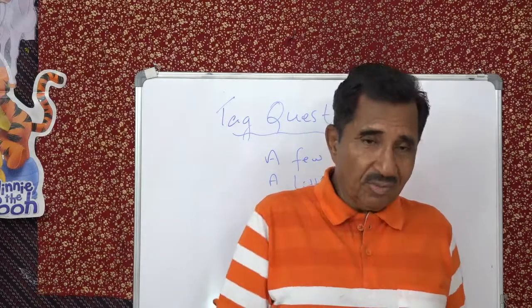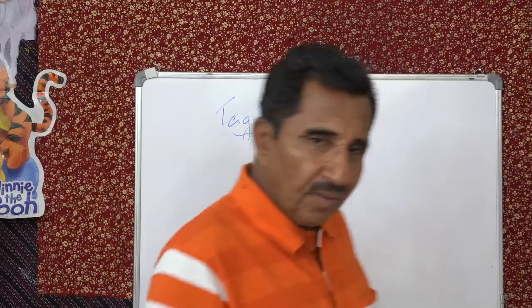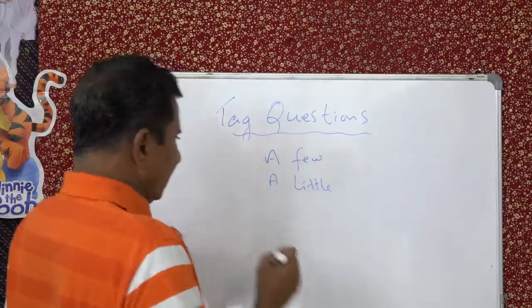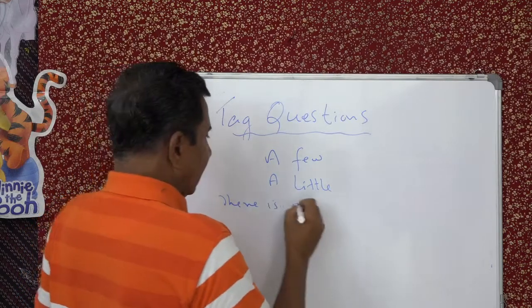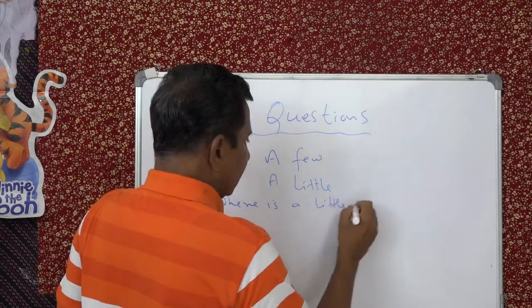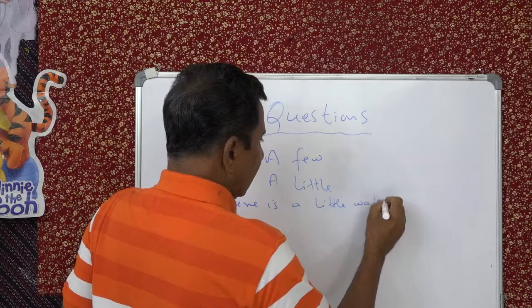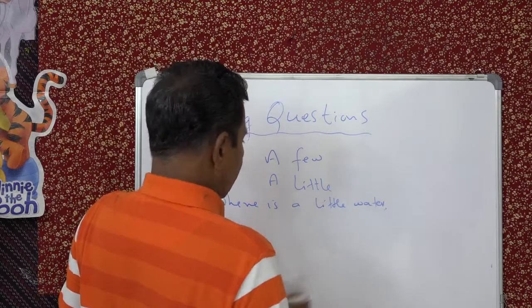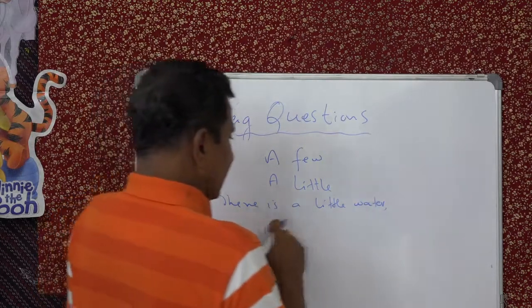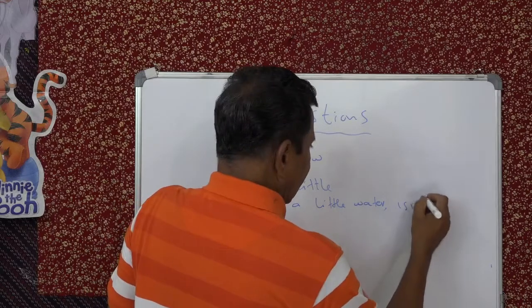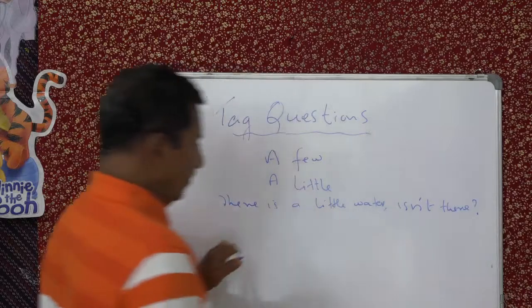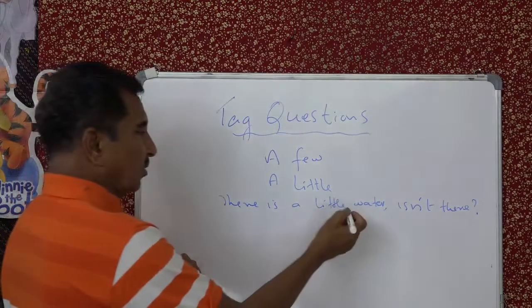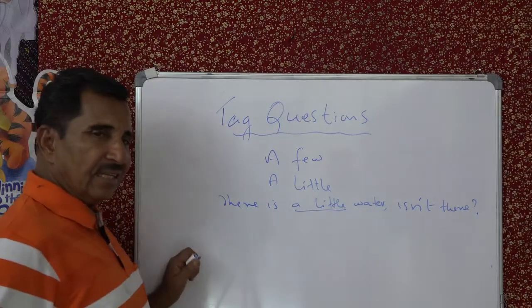Little is negative, but a little is positive. In that case, you say, there is a little water in the well, comma, what will you say? Isn't there? Because that is positive, a little.